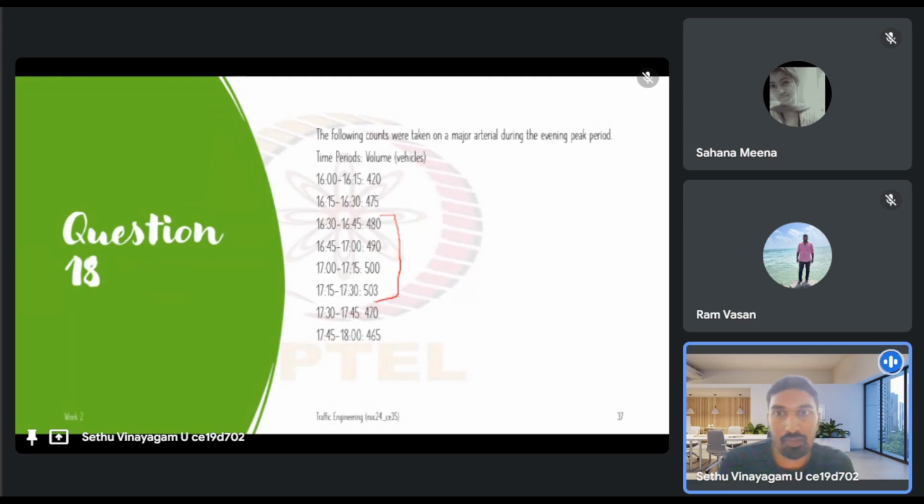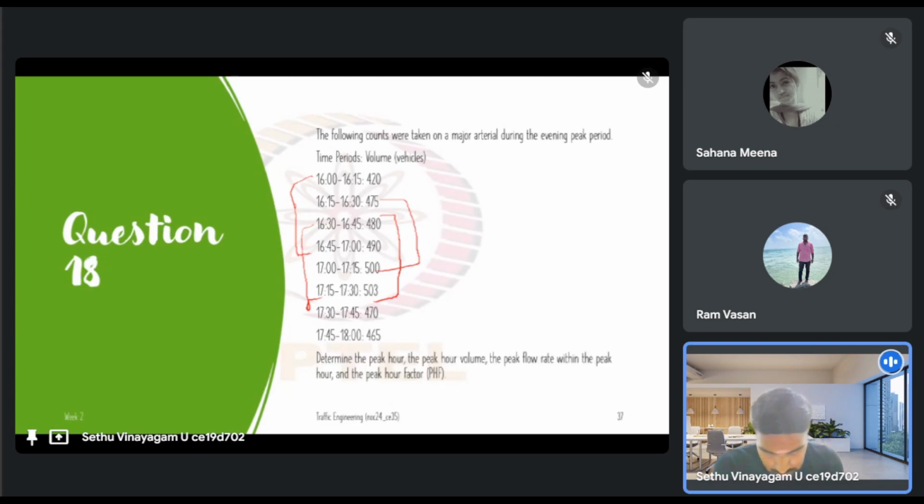So that is our peak hour. 480 plus 490, 500 plus 503, that is the maximum flow that we have, considering all the different continuous 1 hour periods, like 4 to 5, 4:15 to 5:15, 4:30 to 5:30, and so on. If you consider all the continuous 1 hour periods, then 4:30 to 5:30 has the highest hourly flow. So that is our peak hour.